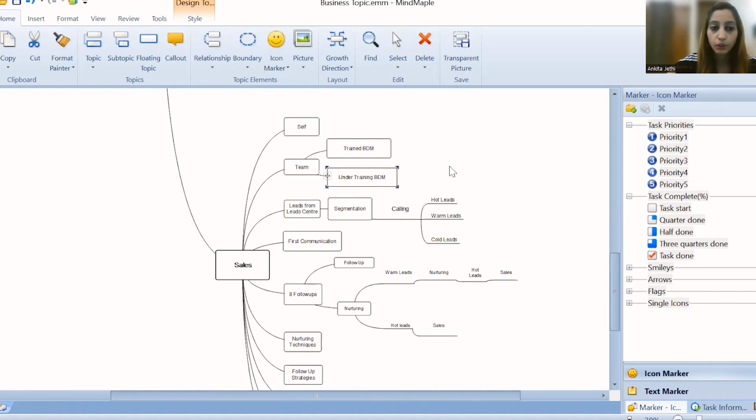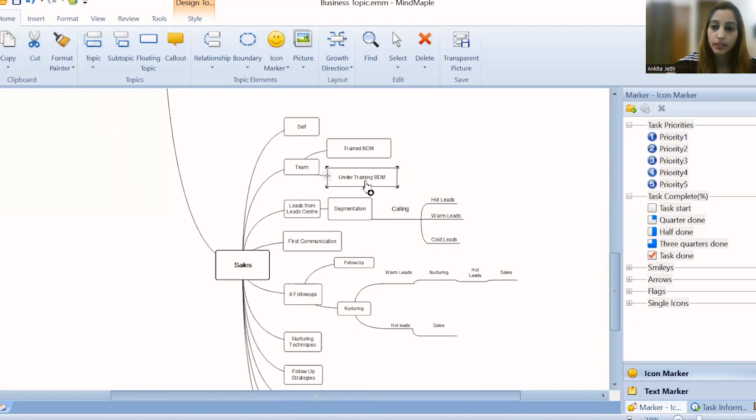Because there is a lot of difference between these two people. Any salesperson who is under training or is not clear with what the product or the service is would not be able to convert a lead to a sale. Why? Because he would not be able to answer questions, queries, or objection handling from the client.